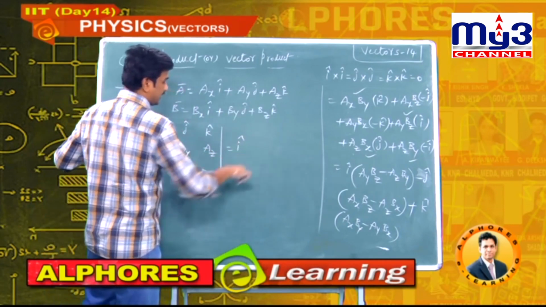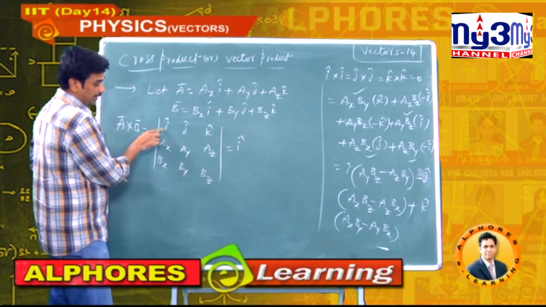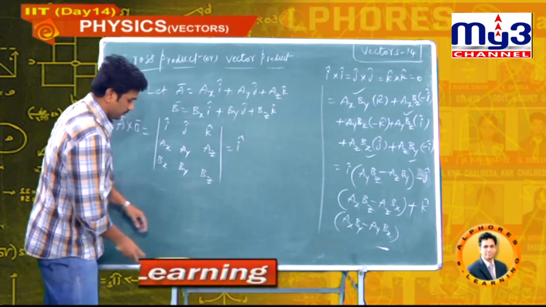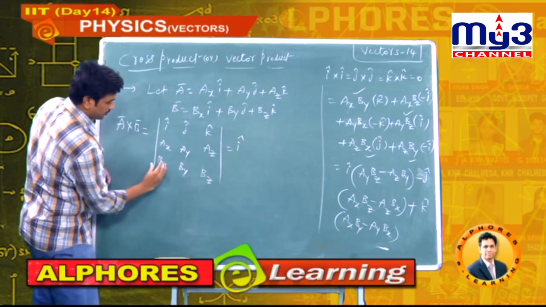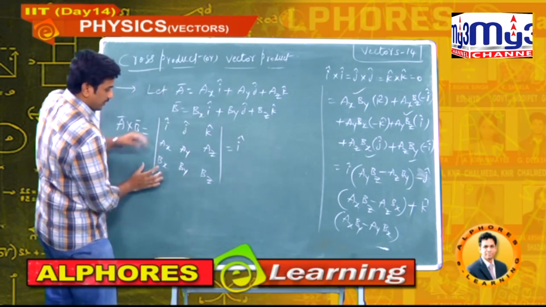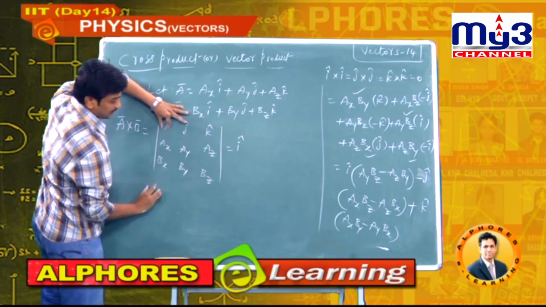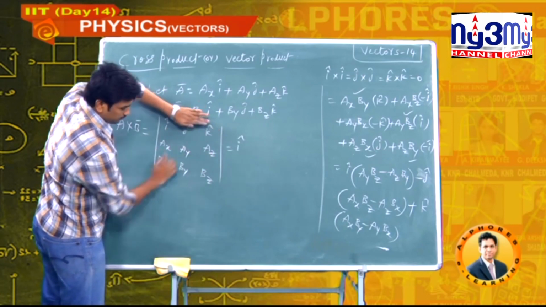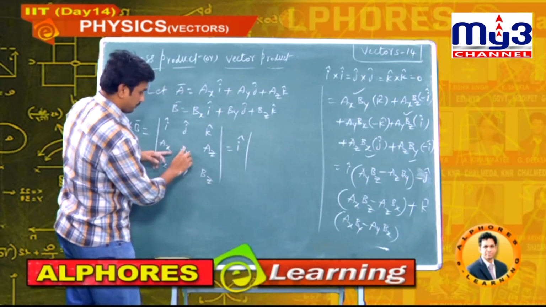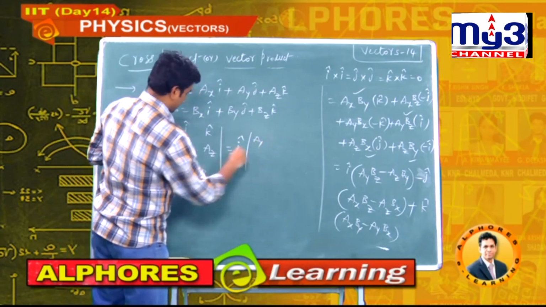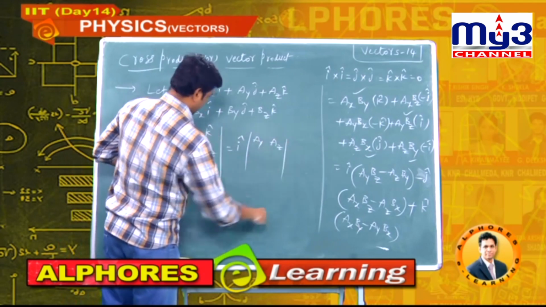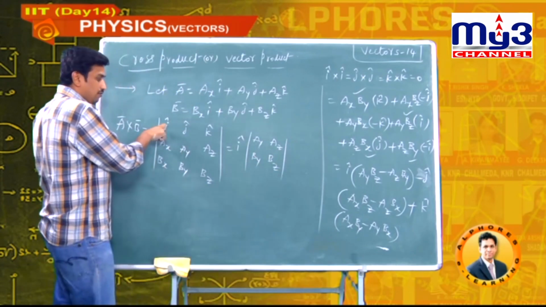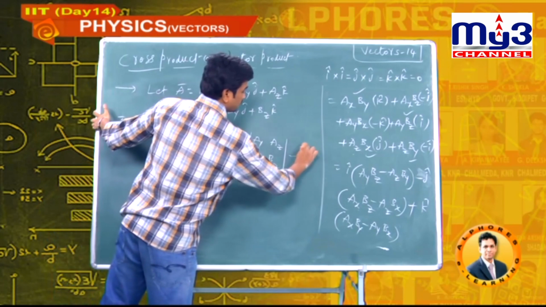Now first I cap. When you are doing I cap, forget about this row and column. Now the remaining part, this only, no, modulus of this part: Ay, Az, By, Bz. After the first one, when you are applying the second one, write minus.